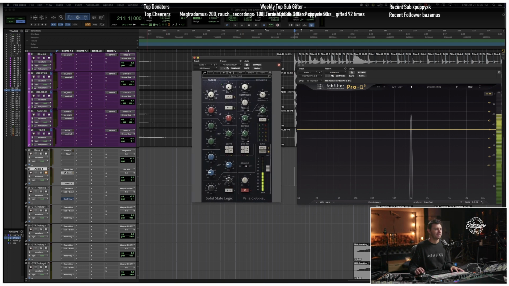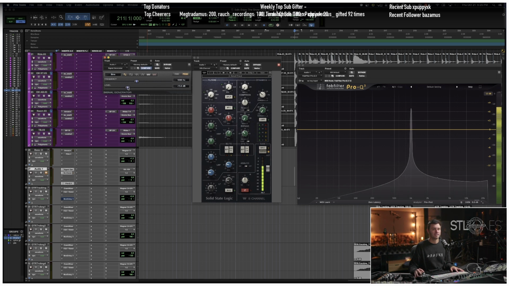And we are feeding in a 1K signal. You can see here that it doesn't start to add any harmonics until we get way up. If you're at minus 18, which is standard nominal level, there's nothing.